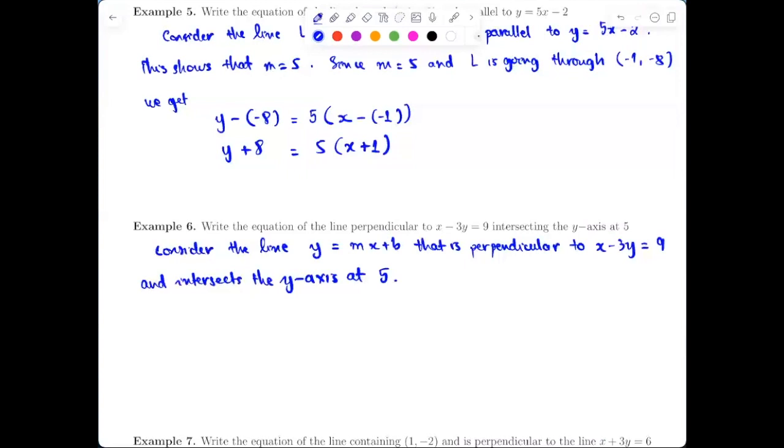The only thing I need to look for is the slope m. Because the line intersects the y-axis at 5, b is automatically given. So b is equal to 5.